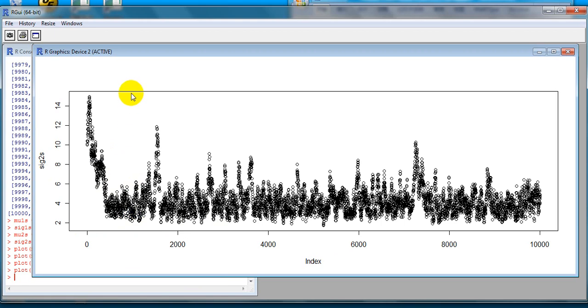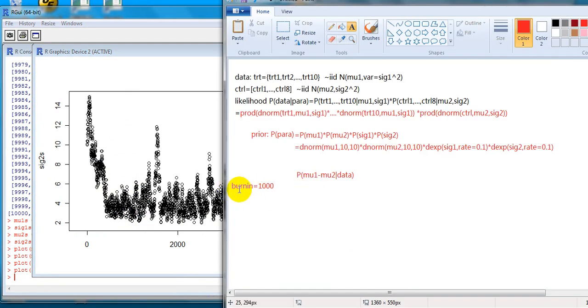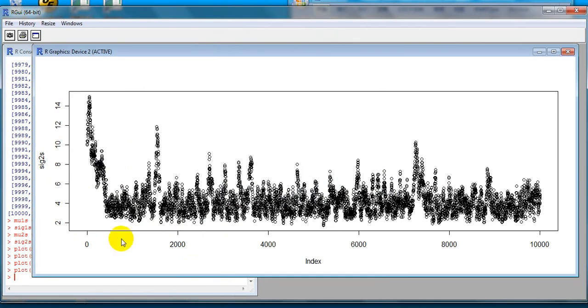So again, we can take 1,000 steps as the burn-in part. We take a burn-in equal to 1,000 steps, and then discard the burn-in part and take the following part. Although occasionally the value can still go up to 10, like this, the probability is very small, right?